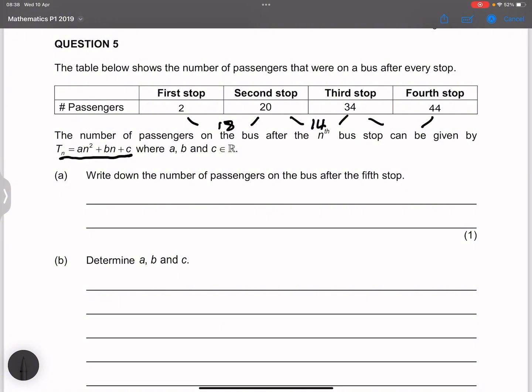And the next one, 44 minus 34, that gives us 10, okay? So can you see that the first difference keeps decreasing by 4, so which means the next value will be 6, and so in this case 44 plus 6, that will give us 50. Okay, right? So which means that the number of passengers that will be there will be 50 passengers.